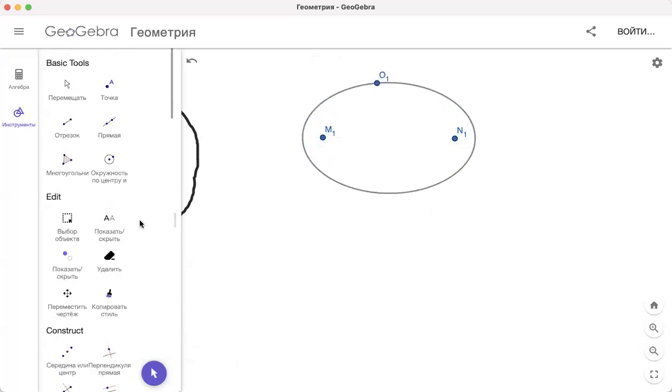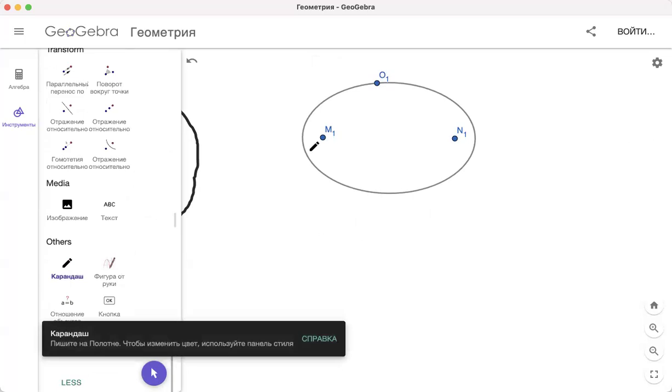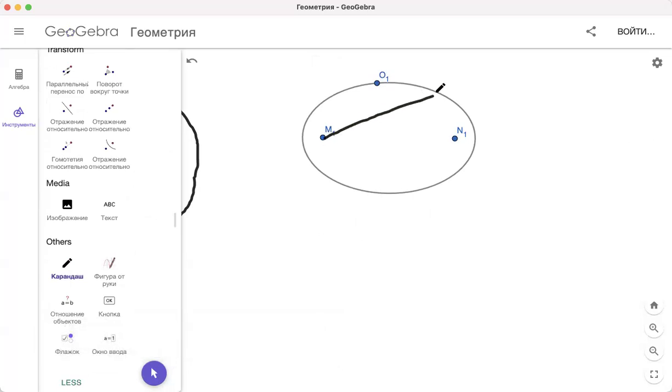So in the classical definition, the sum of distances from a point on the ellipse to the foci of the ellipse is constant.